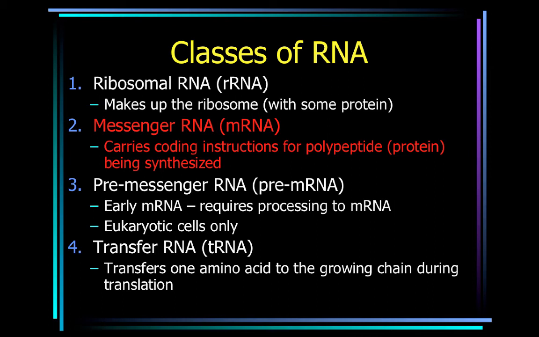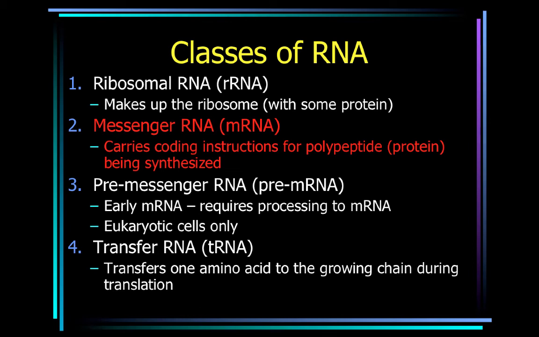We don't see it present in bacterial genomes, and pre-messenger RNA is going to require processing to mRNA. So it's going to be the structure that's actually formed first, and then it will be edited to get the actual true messenger RNA.